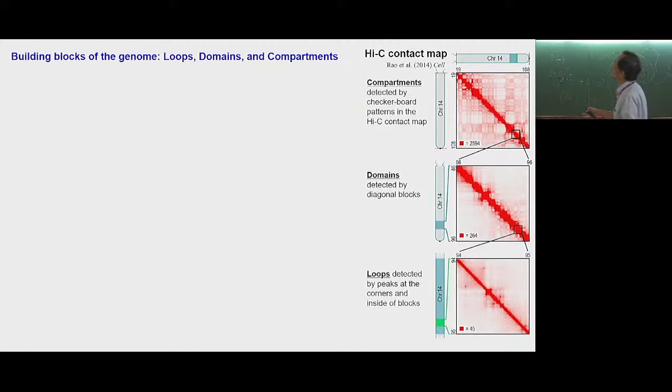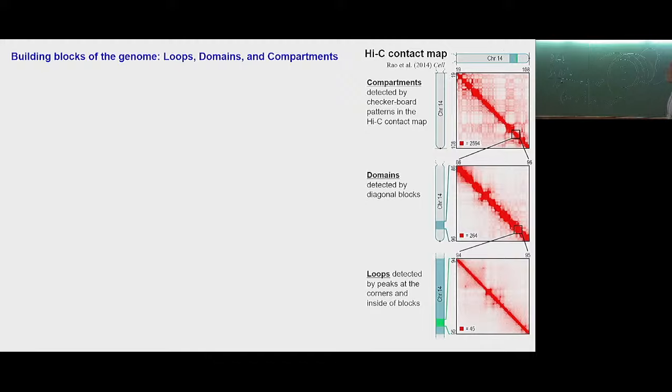So each block pattern represents several megabase or 10 megabase. This is a big domain. And by further looking at this point, this is 10 megabase length. Each block appearing here has several hundred kilobase or 1 megabase size. And this is called topologically associating domains.